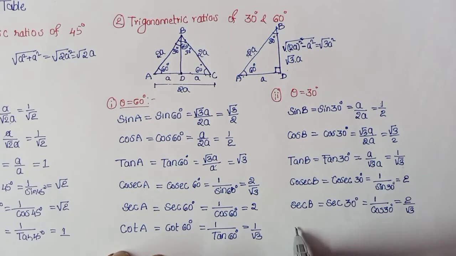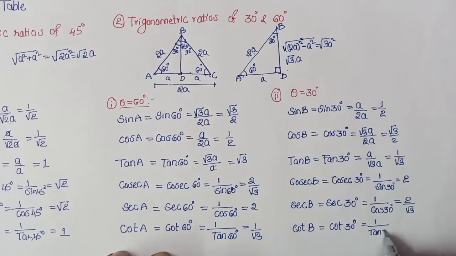And next, cot B is cot 30 degrees, equal to 1 by tan 30, the reverse of this, which is root 3.